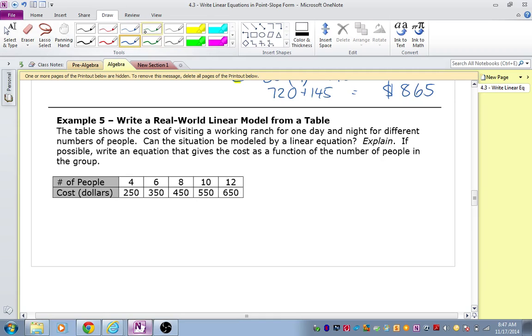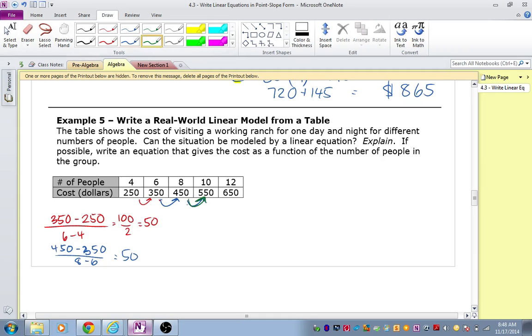And to do that, we're going to make sure the rates of change are the same. From the first column to the second column, the cost goes from 250 to 350, so we subtract, and then 6 minus 4. That gives you 100 over 2, which equals 50. From 6 to 8, it's 450 minus 350 over 8 minus 6, which is 100 over 2, which is 50.